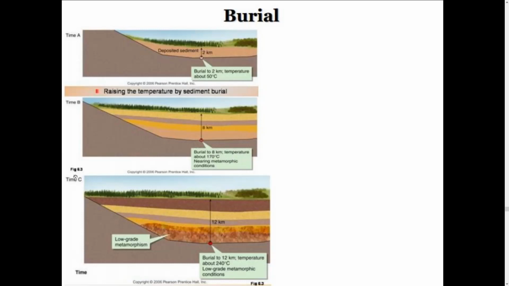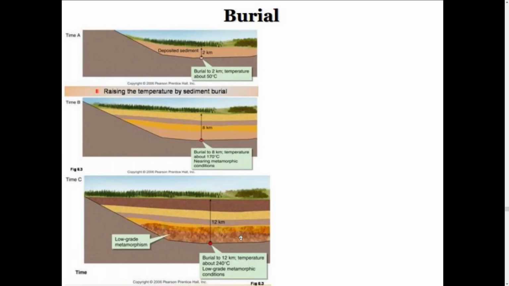And then give it more time. For example, it could be after some millions of years or so. So give it more time. Deposition would continue taking place such that now the thickness of this deposited sediment has increased so much to 12 kilometers. So now the layer which was deposited first, right? The layer which was deposited first, now temperature is some 240 Celsius degrees.